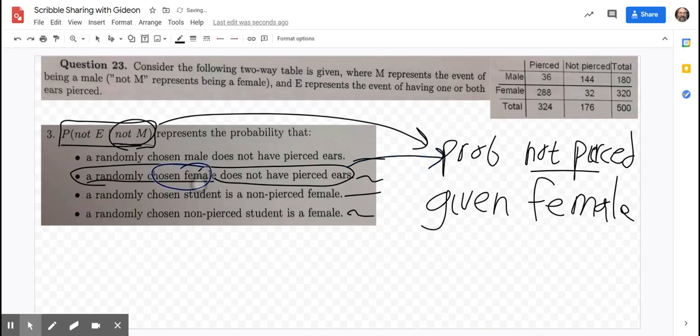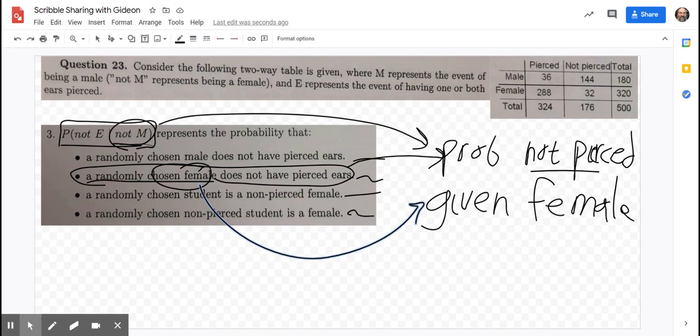You've chosen a female, that's given to you. What's the chance that they're not pierced? And again, we could figure out the numbers if we wanted to. We haven't been asked to, so don't.